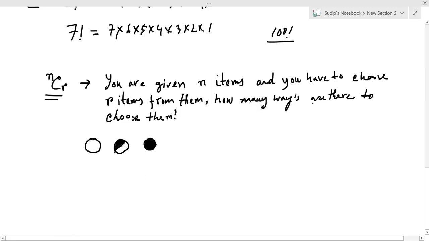So 3 choose 1. We will say this term is 3 choose 1, or n choose r. N choose r means from n items you have to choose R items. How many ways are there to choose them?